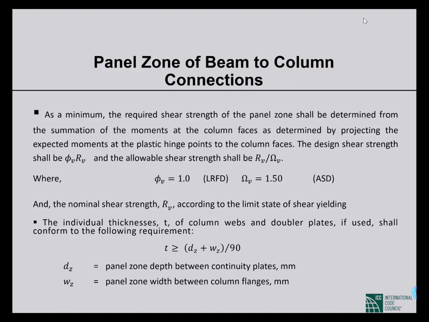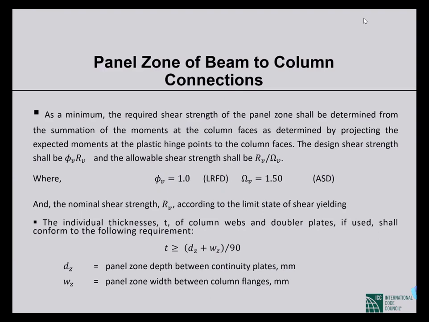We'll assume that the beams will form plastic hinges, so there will be plastic moment acting on the beam end, and we'll apply that on the panel zone to design the panel zone. We cannot use the beam end moments that we can get from the analysis of our models, that is the moment that comes from the applied loads. So we want to be very conservative, since the beam end moments are much lower than the plastic capacity. So we design in that way.